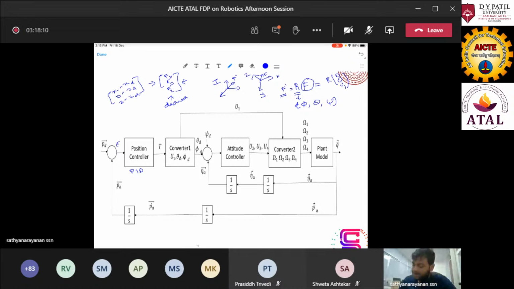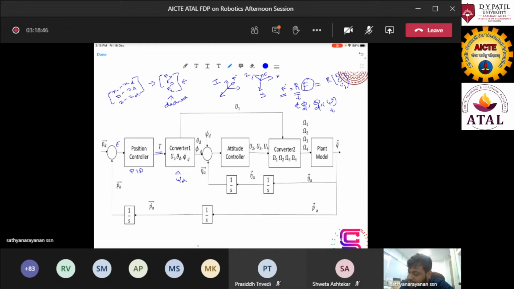What this does is, you have a position, and you have found out your desired force or desired thrust, and you have a converter which will try to find out what should be your desired phi d, desired theta d, and an external input, like how much heading angle you want, that you will give as an external input here.